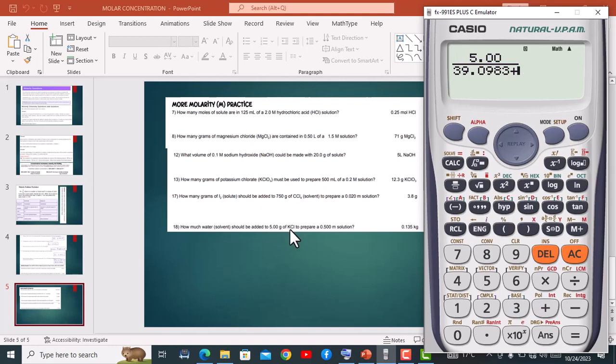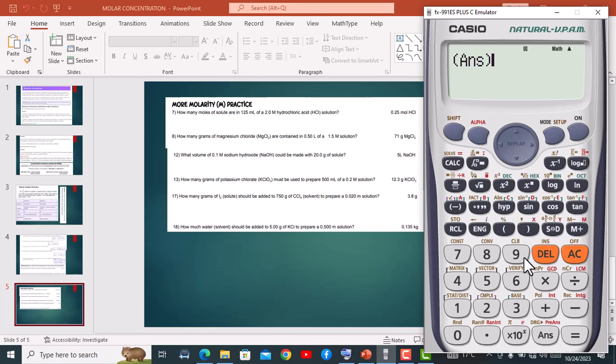So I know that chlorine has a molar mass of 35.4521 grams per mole, and I get this answer. What is this? These are the number of moles.